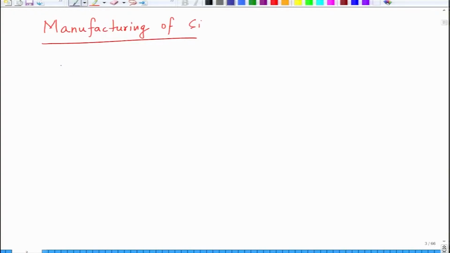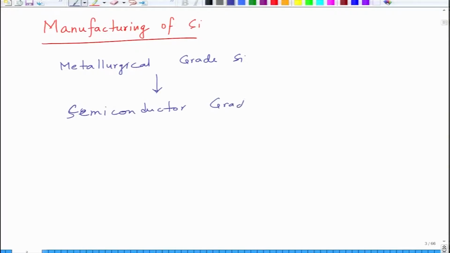The first step is we have metallurgical grade silicon, which is very impure. This metallurgical grade silicon is then converted into semiconductor grade silicon, which is essentially, you can say, polysilicon. And then we have the third one called single crystal silicon.